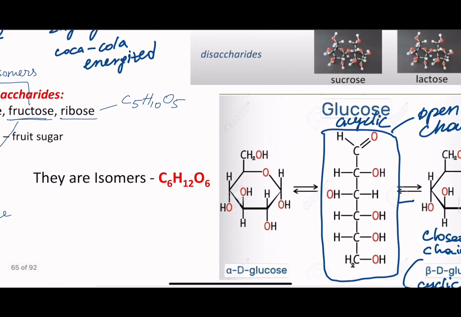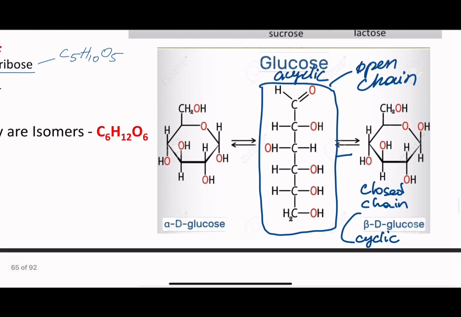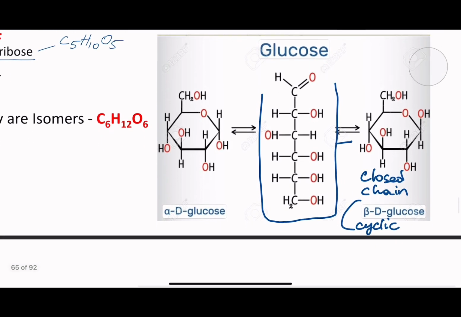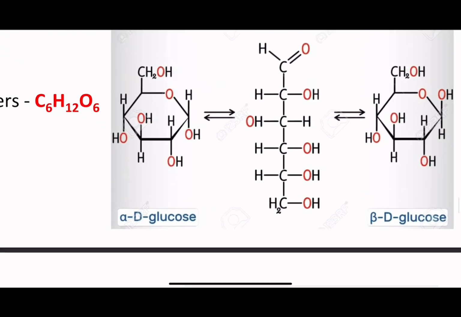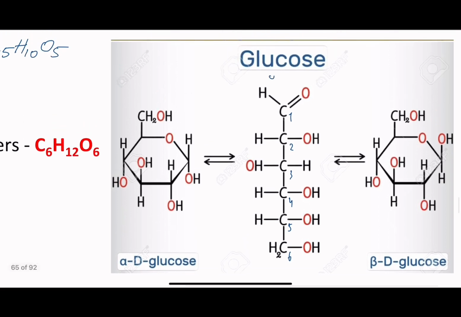But before, I need to talk to you about glucose. Glucose has 1, 2, 3, 4, 5, and 6 carbons, right? It exists in an open chain form like this, and then it can transform into a cyclic version.